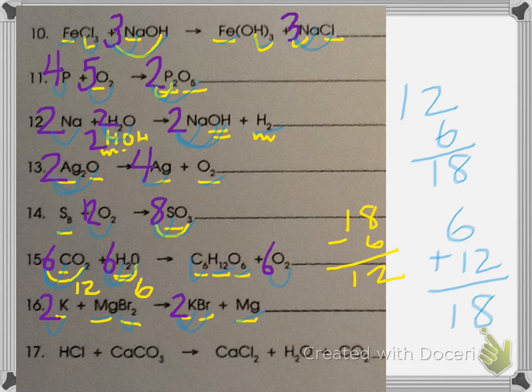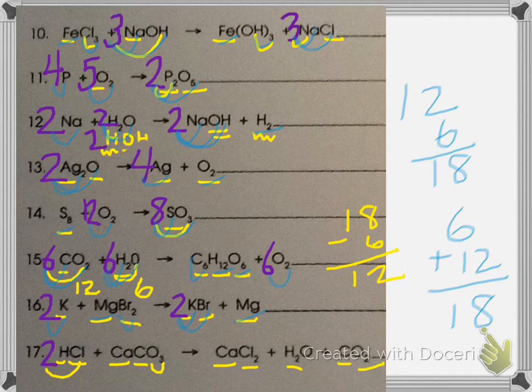And number 17, 1 potassium, 1 hydrogen, 2 hydrogens here, so I'm going to put a coefficient of 2 in front of hydrogen chloride. 1 chlorine, 2 chlorines, and we have 2 chlorines here, so that looks okay. 1 calcium, so that looks okay. 1 carbon, so that looks okay. 3 oxygens.